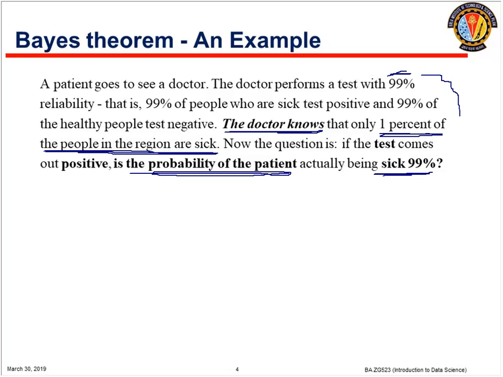Now you have to apply Bayes theorem to find the probability that the patient is actually suffering from the disease, given that the result has come out positive.